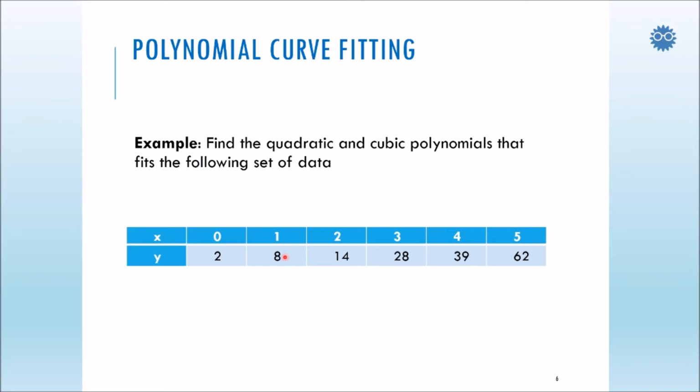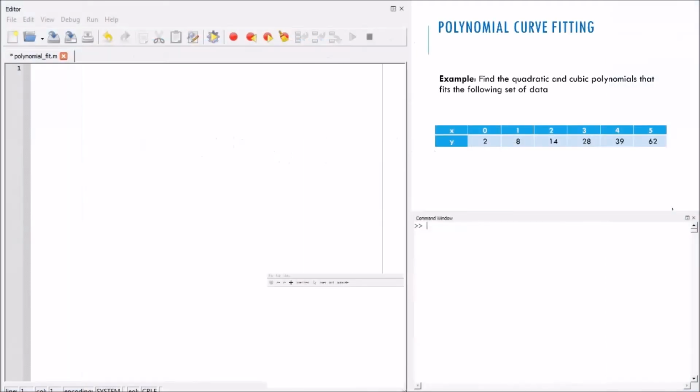So now we'll start coding the method in order to get a polynomial which fits this data set of xy values. Now let's go to our editor and see how to code this system.